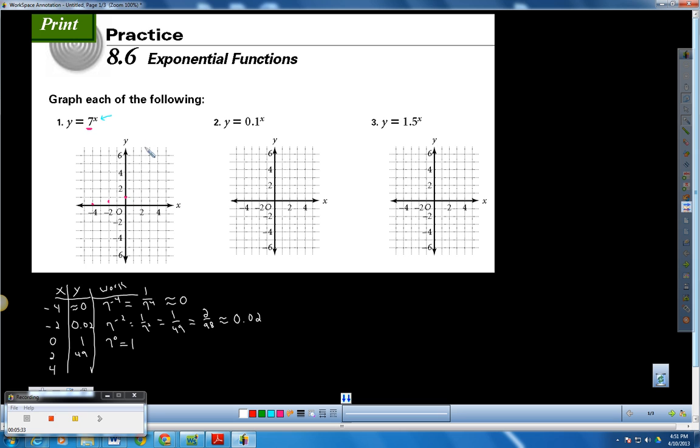How do I graph that, Mr. Claxton? Well, you just have to know that that point is going to be way, way, way, way, way up here. In fact, it's going to be above even this point that I just made.